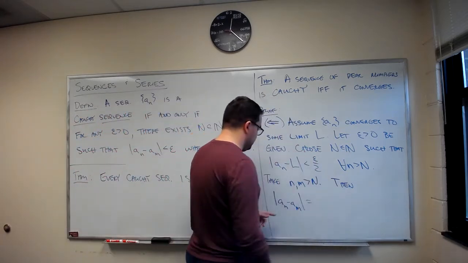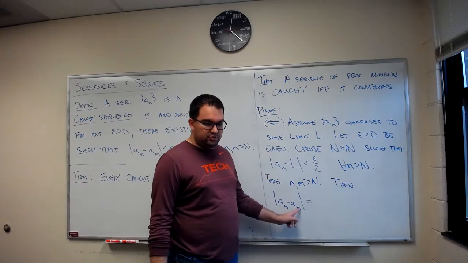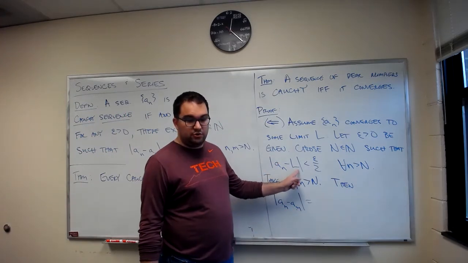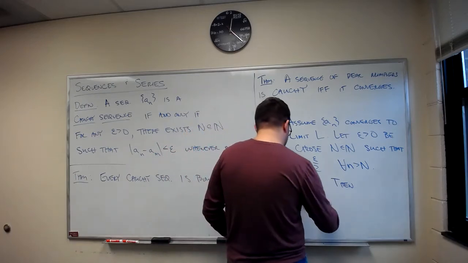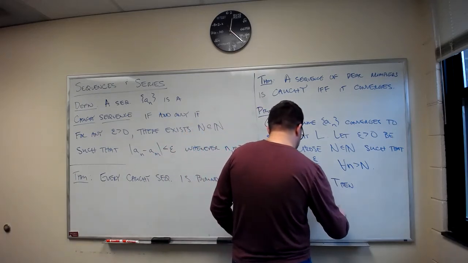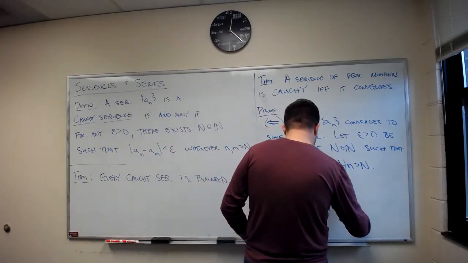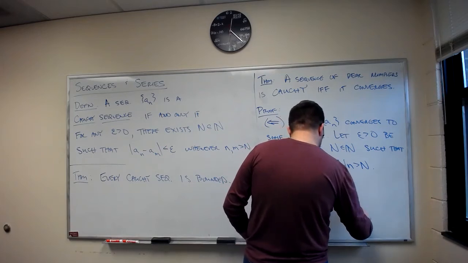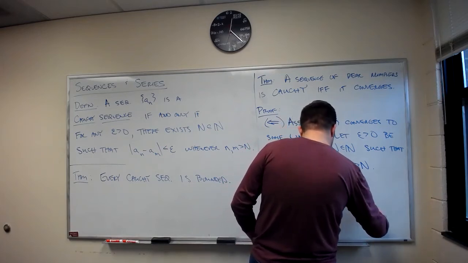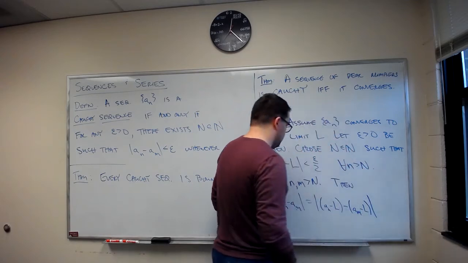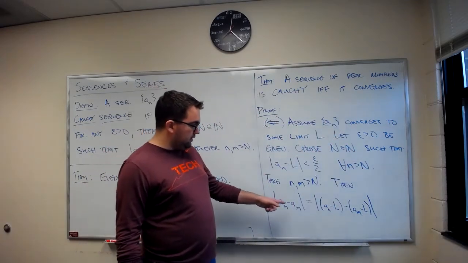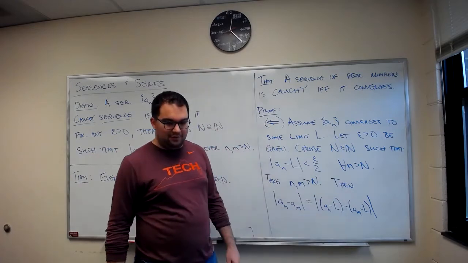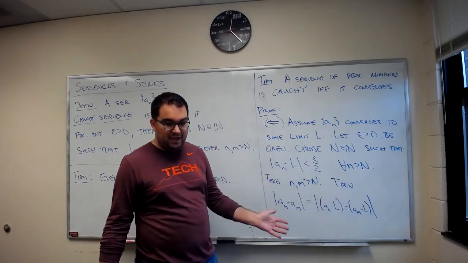So the idea here is I don't know anything about these two in relation to one another, but I do know things about these in relation to the value L. So I'm going to rewrite this as a_n minus L plus, or sorry, minus, a_m minus L. Now, if you look at this, these are just equal. I've really just added and subtracted L in here. So I haven't changed the value.